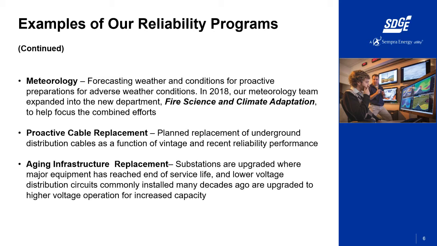These substations from time to time require upgrades where the major pieces of equipment, be it a transformer or a piece of switchgear or a circuit breaker, has reached the end of its useful service life. And in some other cases, we have lower voltage distribution circuits that were commonly installed many decades ago. We upgrade those to a higher voltage for increased capacity and increased efficiency. You can kind of think of it roughly like an upgrade from dial-up access to broadband service when we do that.